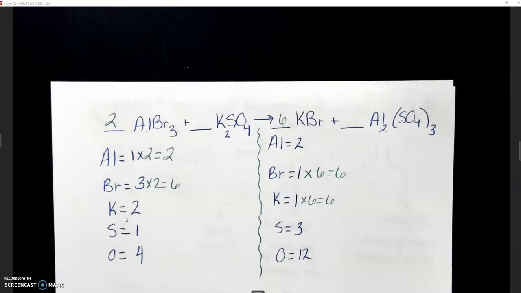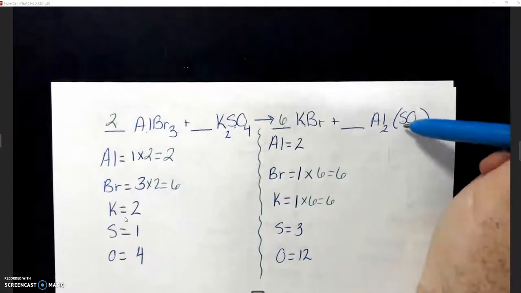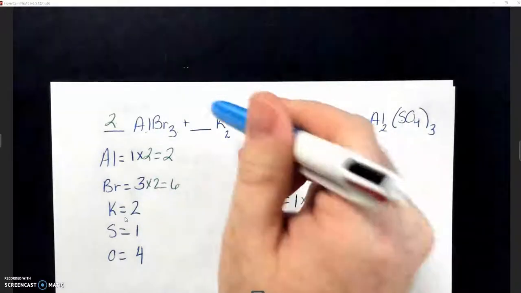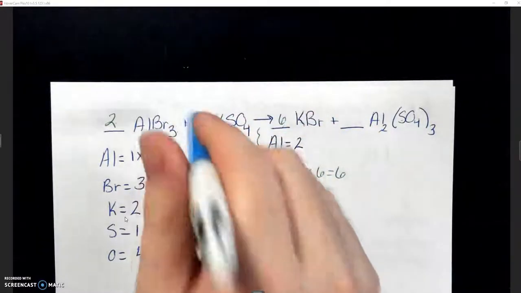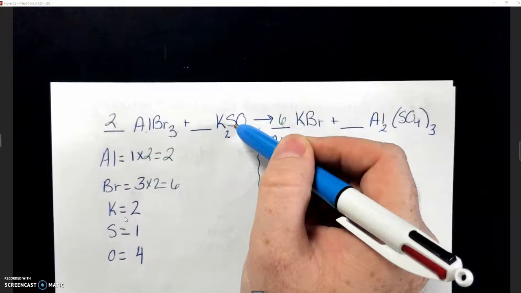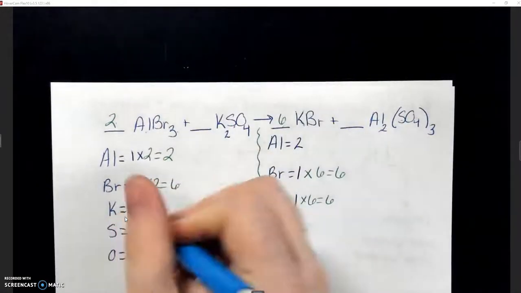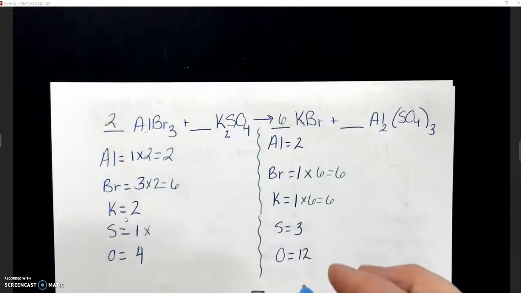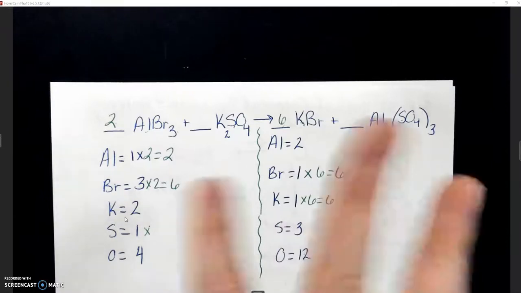Alrighty, now let's do the sulfurs. We have 3 sulfurs on this side, 1 over here. So I'm going to need to add to this side. We've got 1 sulfur here. What number times 1 is going to get to 3?